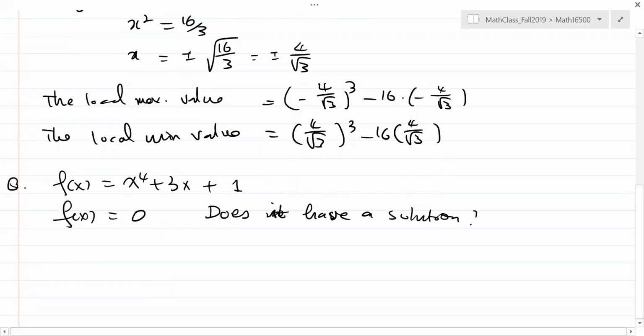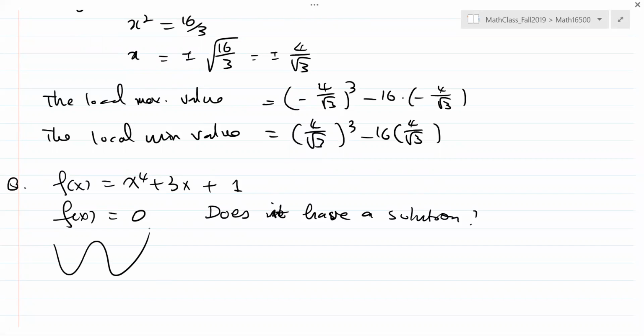The graph of a polynomial degree 4 looks like that. The leading coefficient is positive, it's open upward. It looks like a parabola, but we twist it in the middle. Because if you ignore the rest of the parts, then x to the fourth is going to be a parabola.